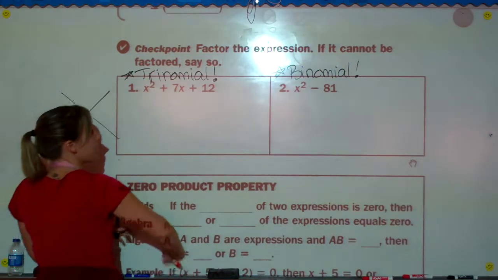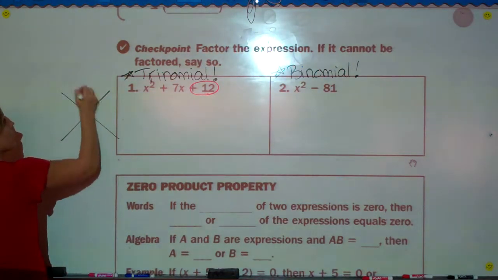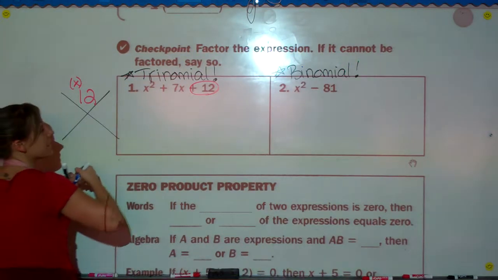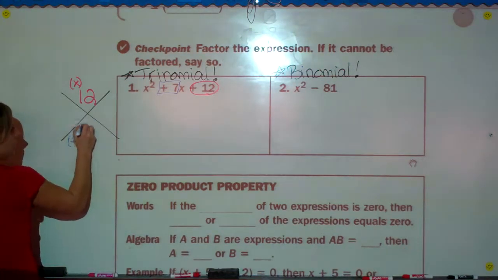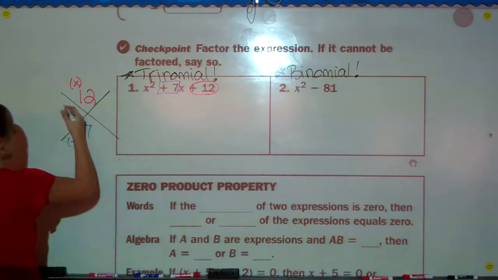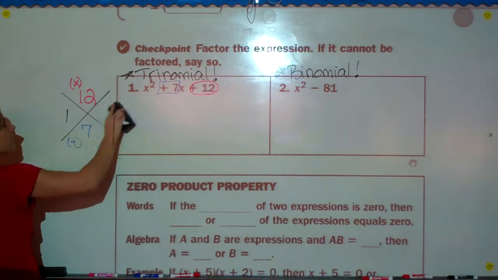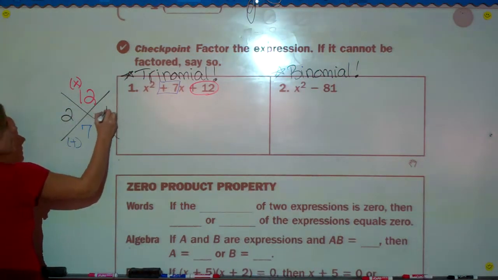We want to multiply to the last number, so that's a positive 12. What multiplies to positive 12, and we want to add to the middle number. So what adds to a positive 7? There aren't too many options. 1 and 12, but those add to 13, so that's wrong. Then you could go down the list, 2 and 6.